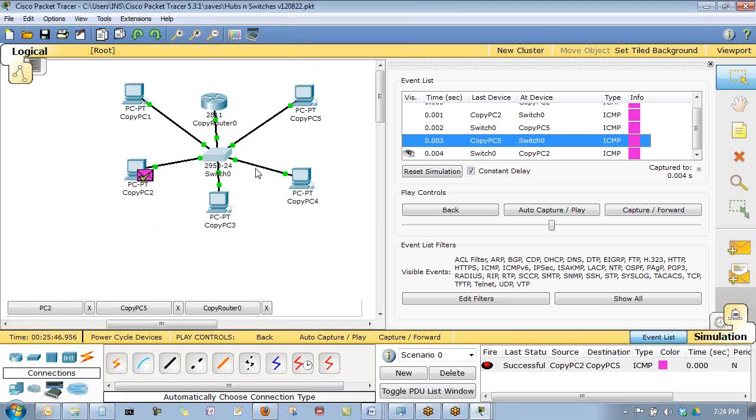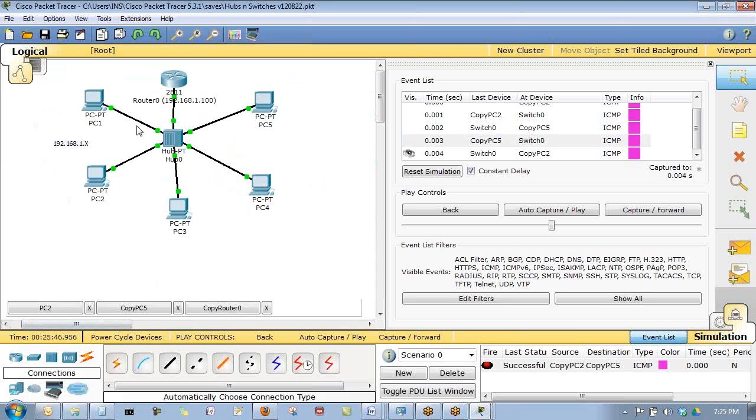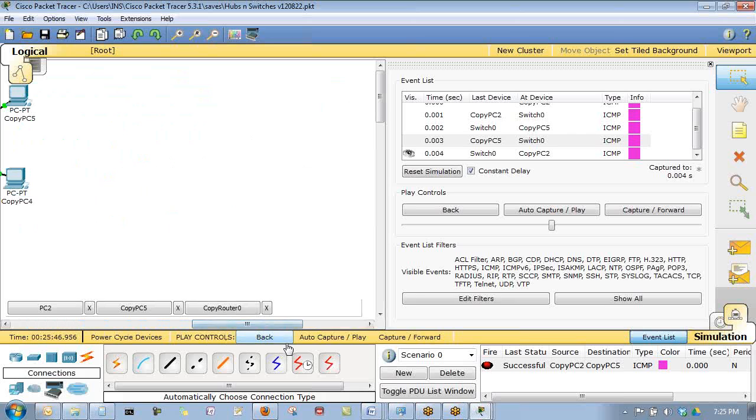So, when you have a switch, how many collision domains do I have here? In the previous example, we had one big collision domain. What do I have here?